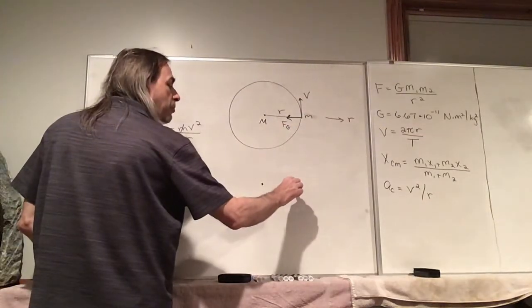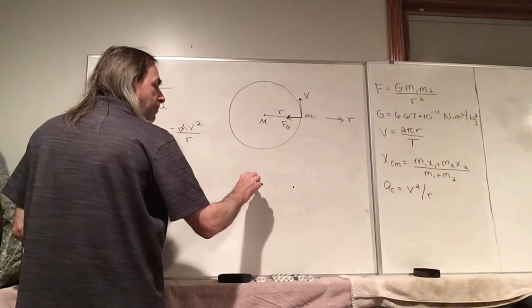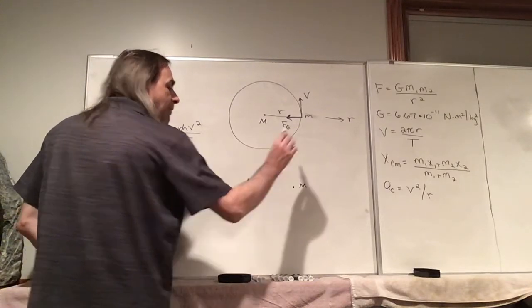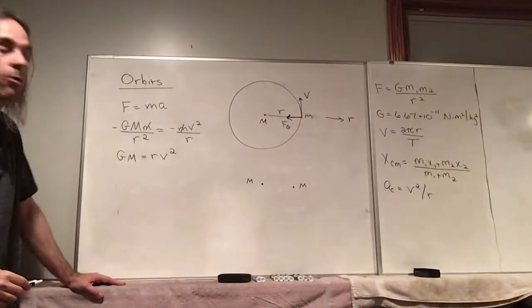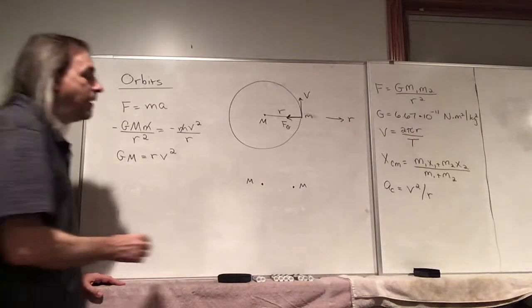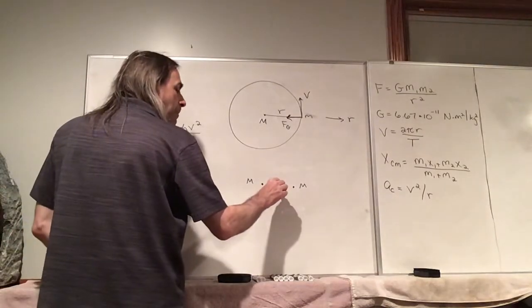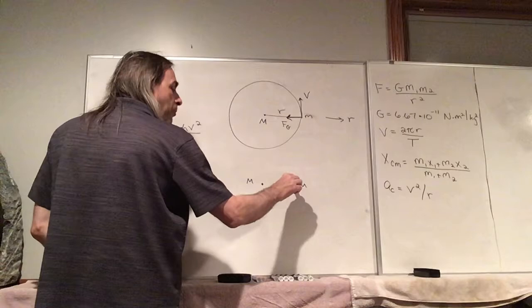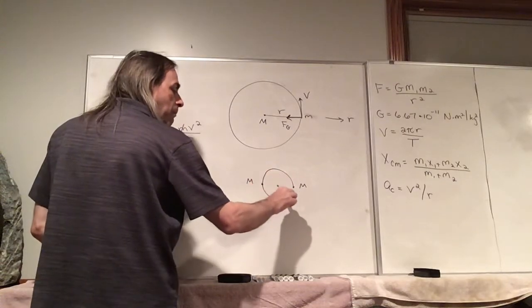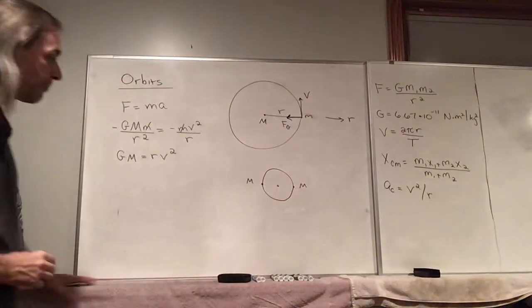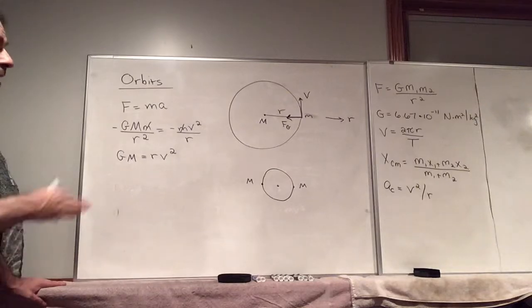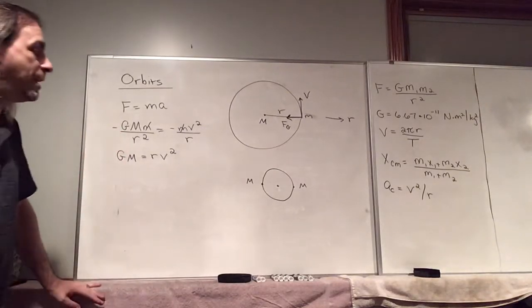So if we have two stars orbiting around each other, in the problem I said, let's give them equal masses. Say they both have a mass m, then the center of mass is right in the middle, and so they're both going to orbit like this, basically in the same circle. And if you want to do this problem, you have to be a little careful writing down this equation.